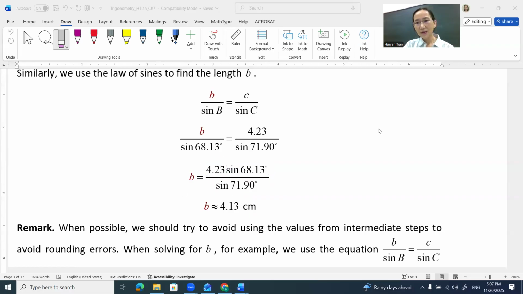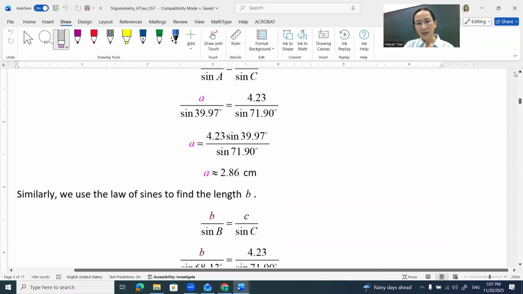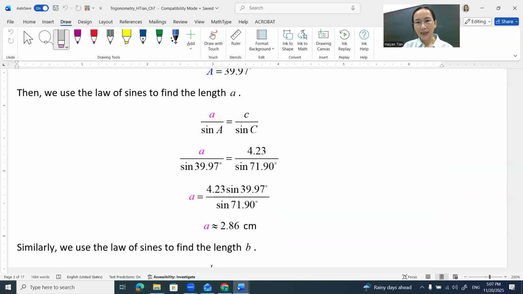Okay, so as you notice, when we solve for the unknowns, for the convenience, we put the unknown in the numerator. It's just for the convenience, but certainly it doesn't hurt if you use a different version.